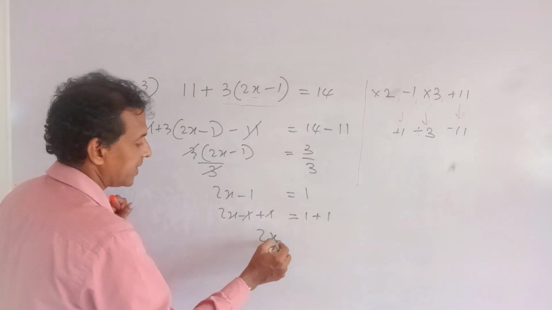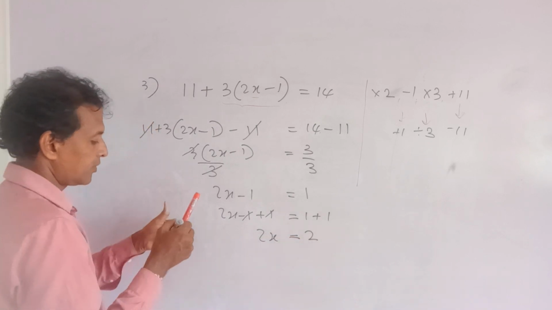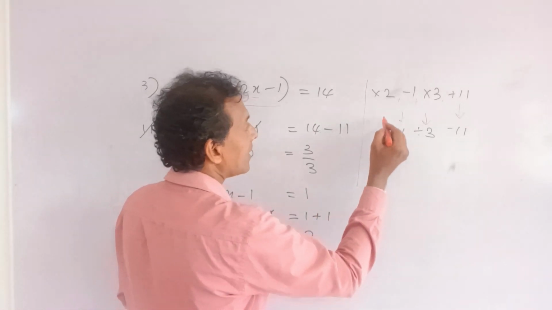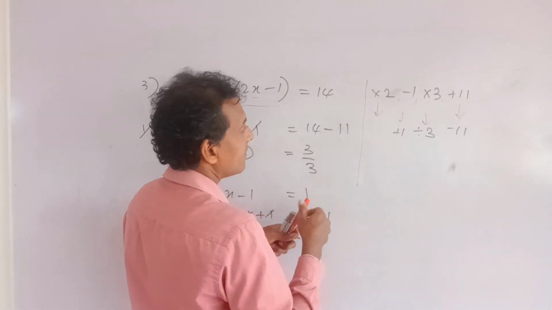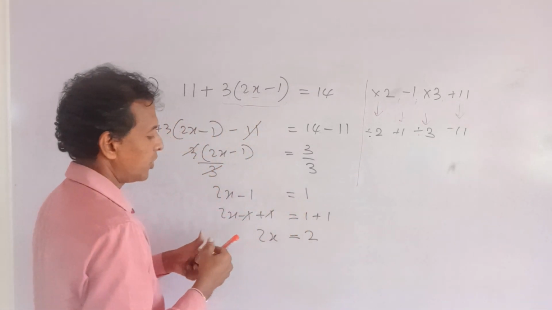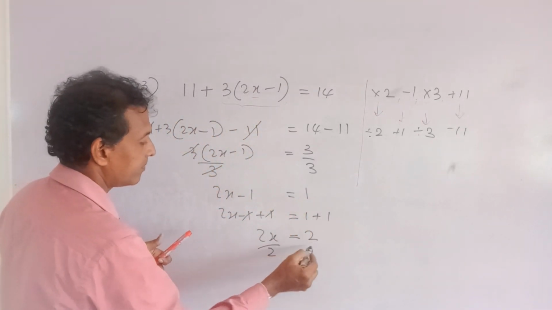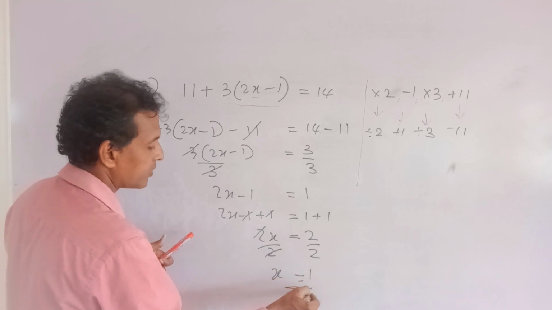We have 2x here equals 1 plus 1, 2. The last operation we had here was multiplied by 2. So what is the inverse operation? Divide by 2. So divide both sides by 2. It gets cancelled. x equals 1. So this is the answer.